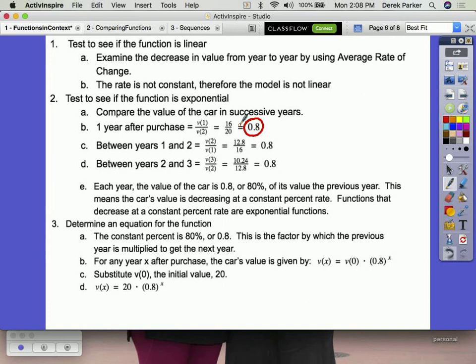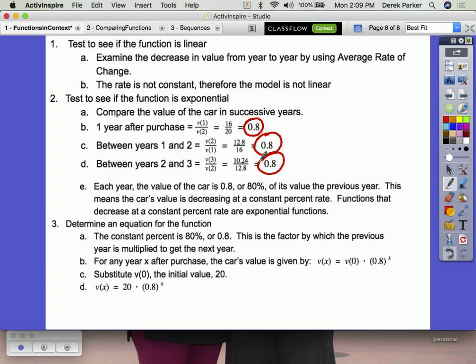Years 1 and 2, 12.8 divided by 16, 0.8. Between years 2 and 3, 10.24 divided by 12.8, and I get 0.8. That being said, each year the value of the car is 0.8, or 80%, of its value the previous year. This means the car's value is decreasing at a constant percent rate. So that means it's exponential.